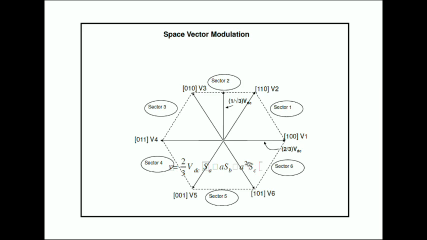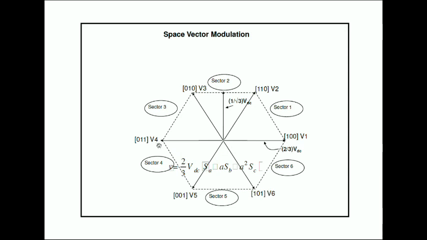A square has a magnitude of 1 and a 240-degree phase displacement from the horizontal one. So the magnitude is 2 by 3 VDC, and A square is the direction. Saying like that, we have found V4 and V6.